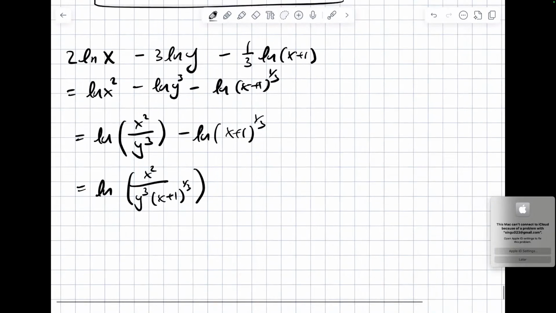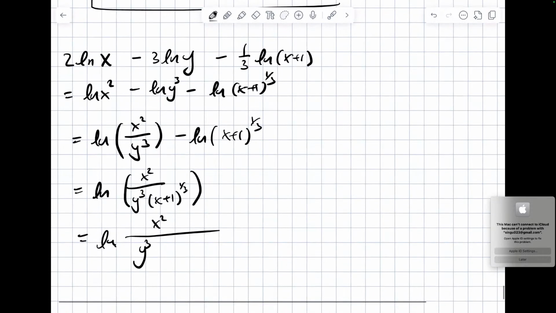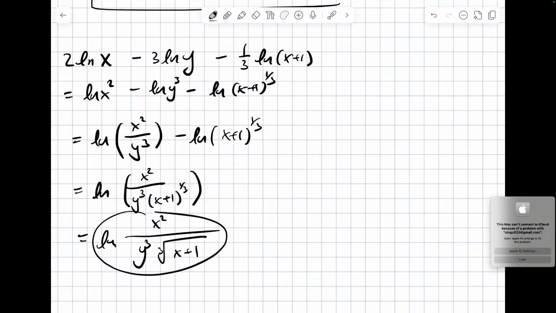I will put it in parentheses because this is the argument to the 1/3 power, or you can put it in a radical. Why not just make it a cube root? Right, yeah, that's what I'm going to do. And this is the final condensation. You condense into one term, with the final answer on just one logarithm.